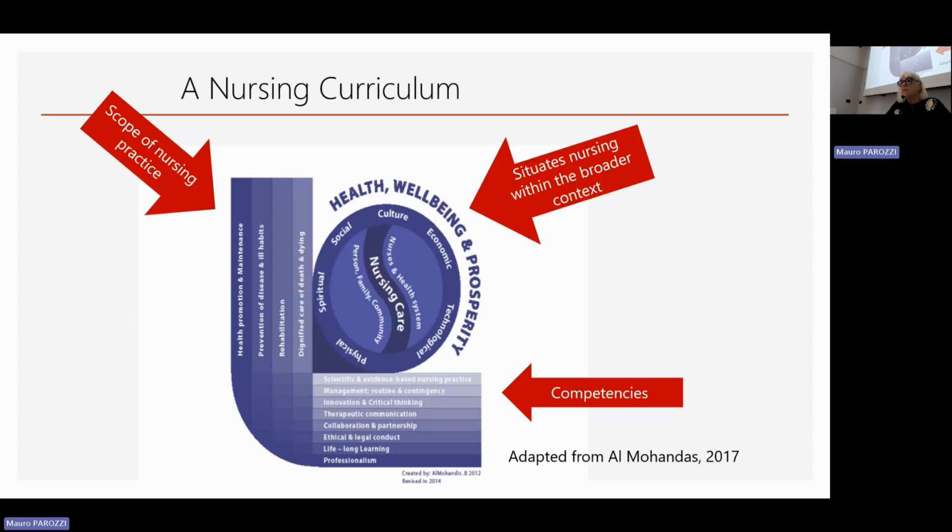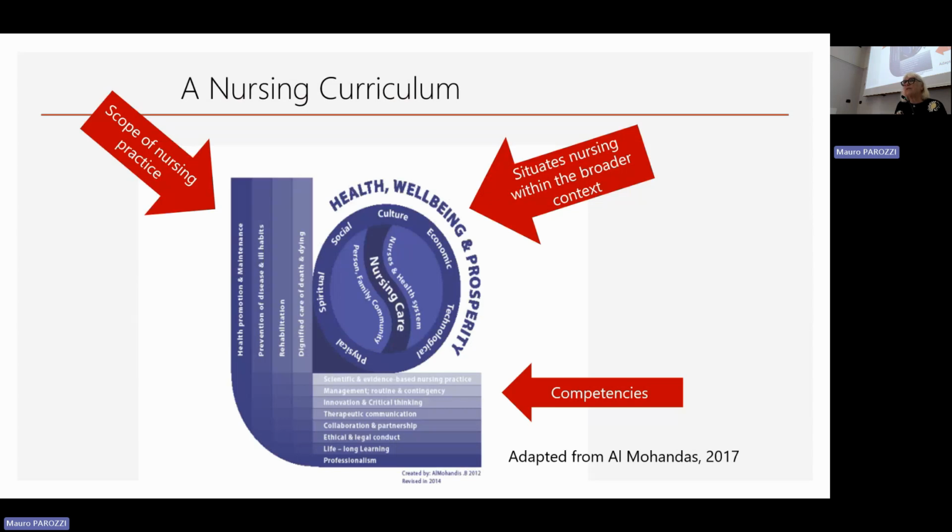There's the management routine and contingency things. There's innovation and critical thinking, therapeutic communication, collaboration and partnership, ethical and legal context, lifelong learning, and professionalism. So these are kind of globally generic, really, and those are the competencies that we talk about.